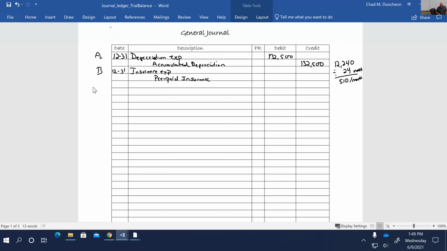So now we're doing our adjusting entry December 31st. This started on September 1st. So we have all of September, all of October, all of November, all of December. So we have 4 months. We get 2,040.